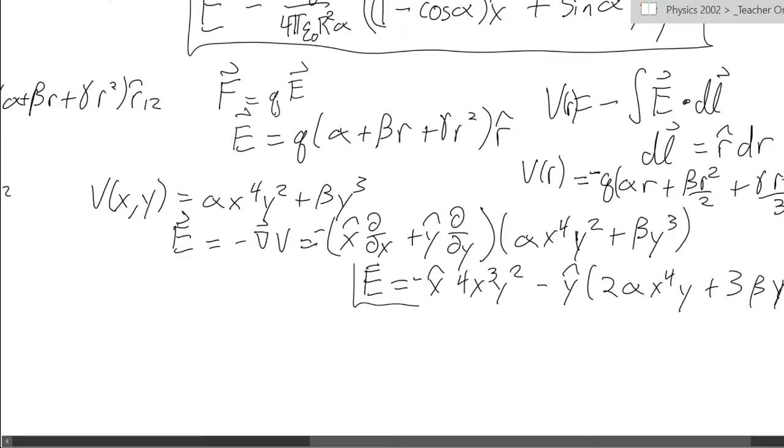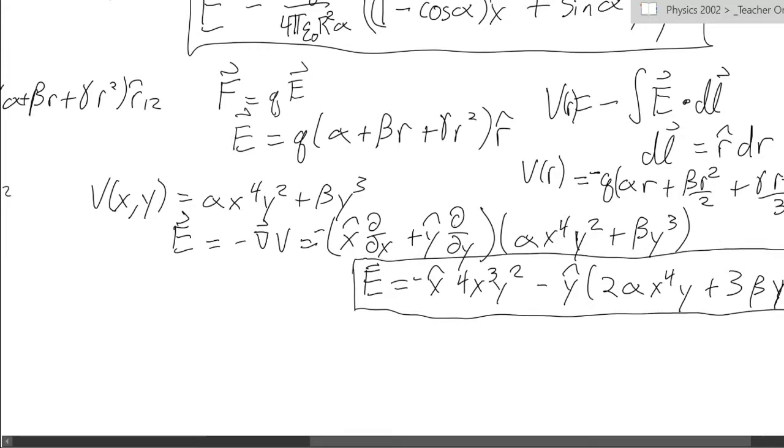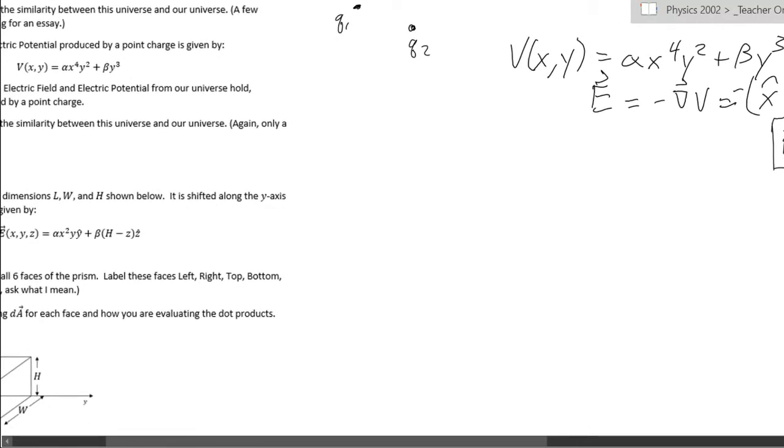Okay, so that's our electric field from this electric potential. So from those two questions, you're seeing how I go from electric field to electric potential, and how I go from electric potential to electric field.